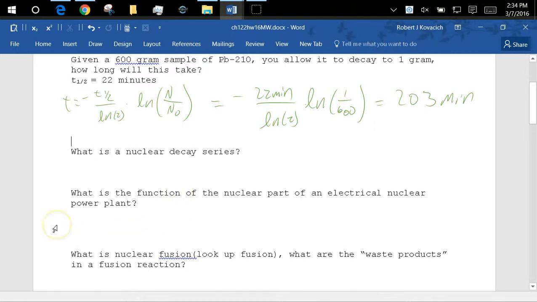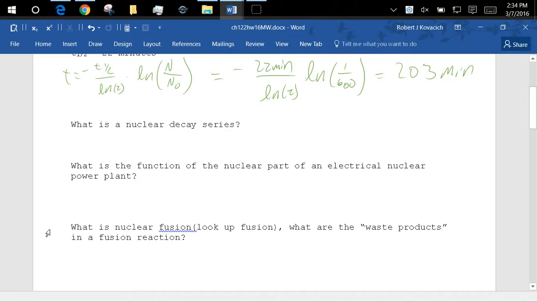What is a nuclear decay series? A series in which an isotope decays into another isotope, releasing different types of radiation, eventually reaching a stable one.